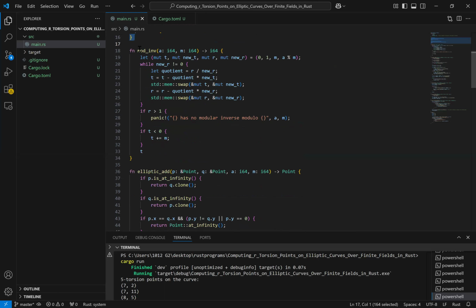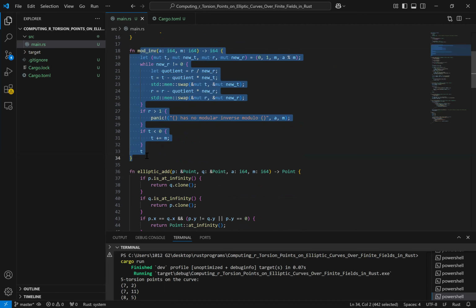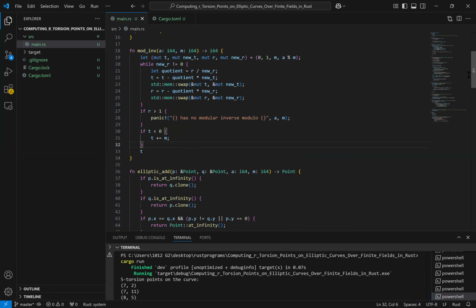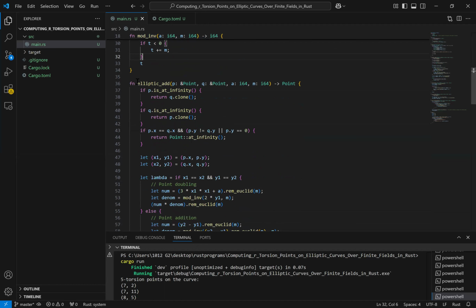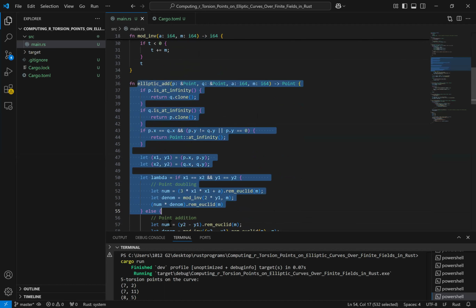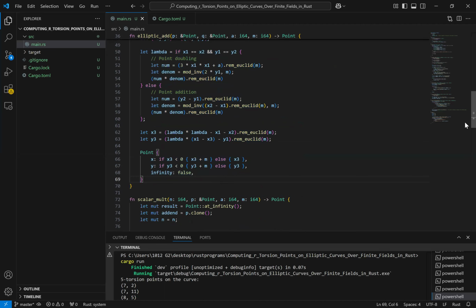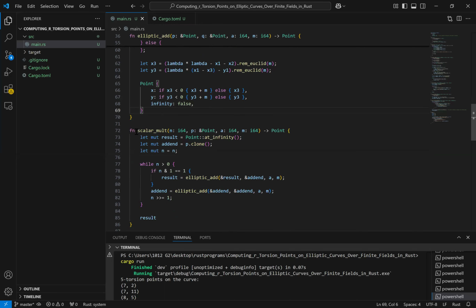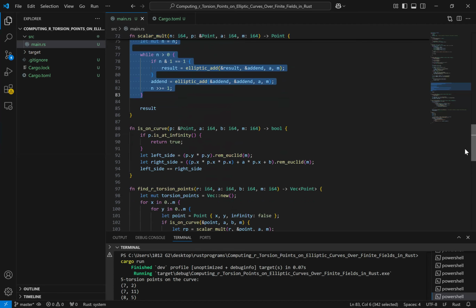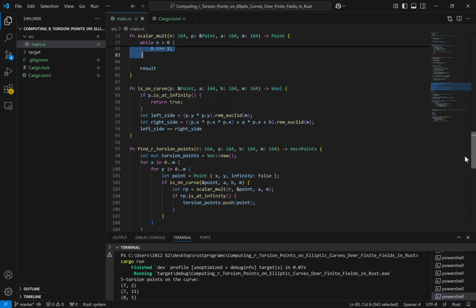Then you come here, mod inverse, the same way we do mod inverse. It can never be different. And if you are doing summation of points, again, it can never be different. The formulas for summing points, and if it's the same point, you're just doubling, are the same. Then scalar multiplication is the only place where I made some slight changes because of the result that I wanted.